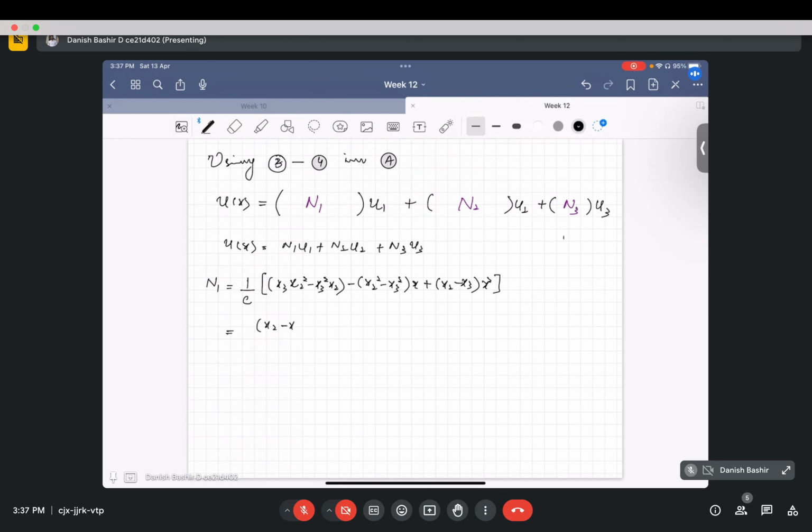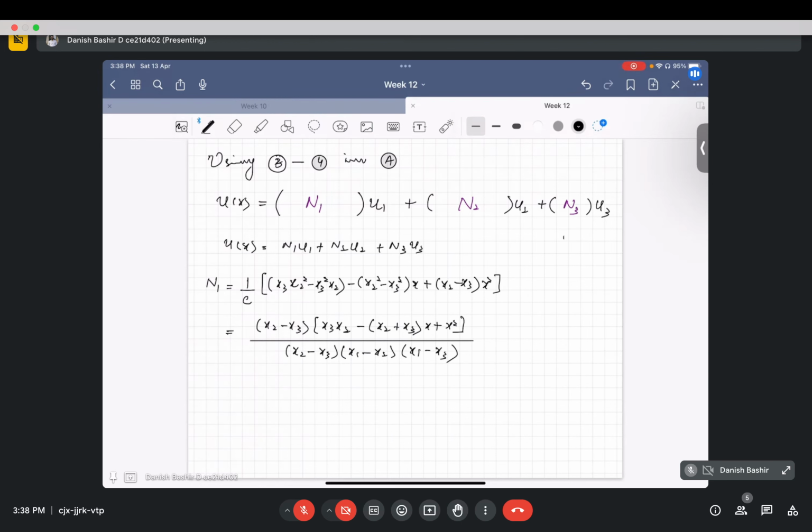If you solve this and put the value of C, we will get (x2 minus x3) times (x3 x2 minus (x2 plus x3) times x plus x square), divided by C's value, which is (x2 minus x3)(x1 minus x2)(x1 minus x3).